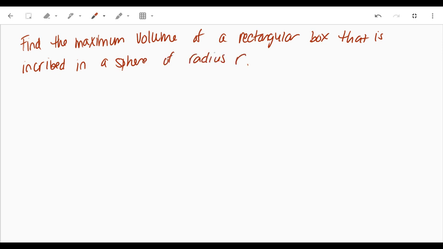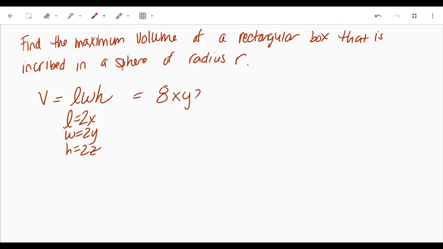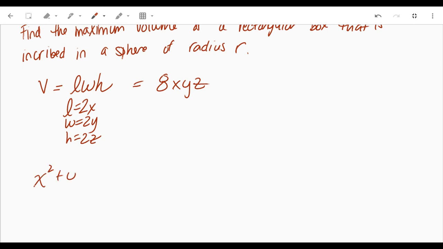So our primary, V is length times width times height. And remember we talked about how the length would be 2x, width would be 2y, and height would be 2z. So this would be 8xyz. And then your sphere, your secondary, x squared plus y squared plus z squared equals r squared, where r is a constant.